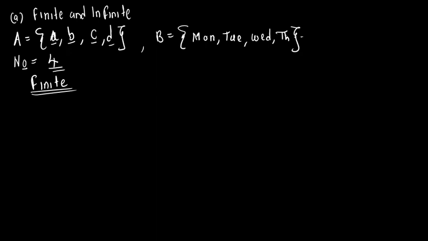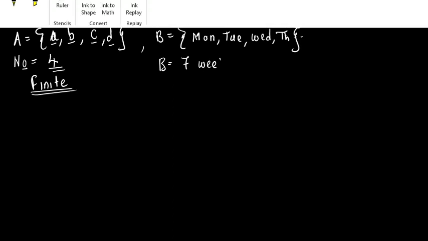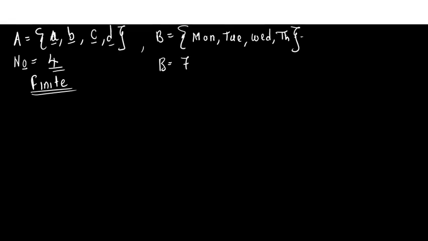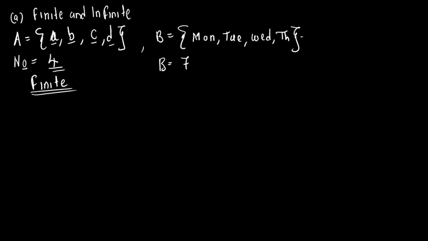Well, we know that B contains 7 days. There are 7 days in a week. So there are 7 days in a week. So these are countable numbers.